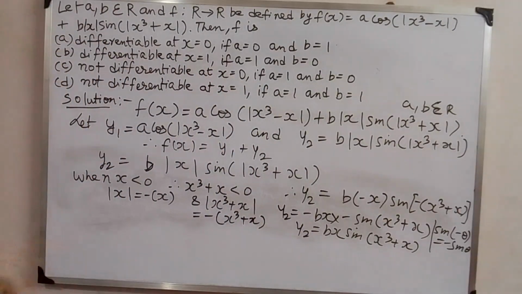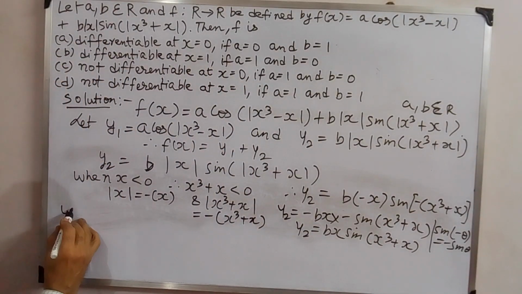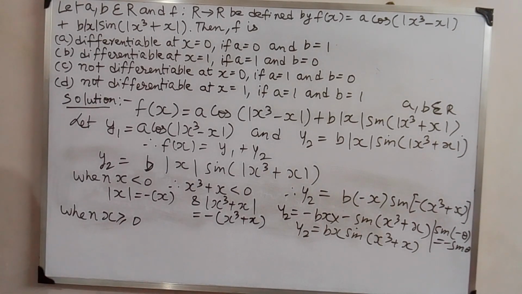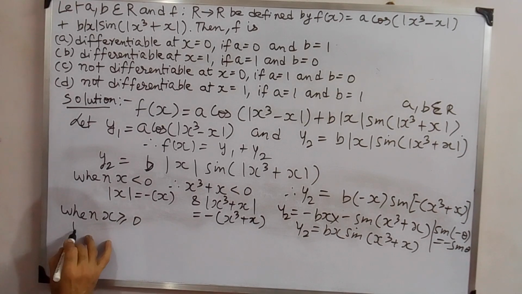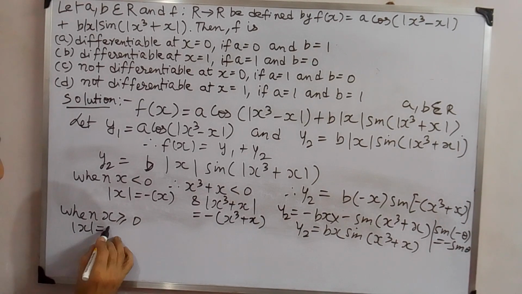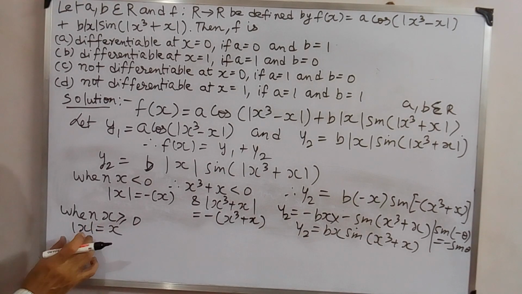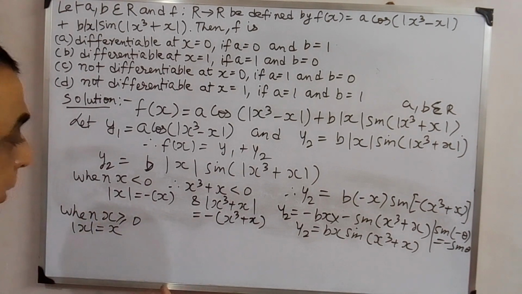Now when the x value is greater than or equal to 0, in that case the modulus of x will be equal to x, because this is a positive number, and the modulus of a positive number is the same number.